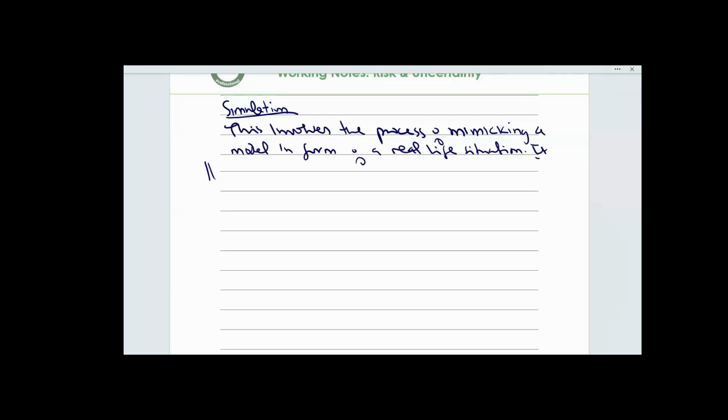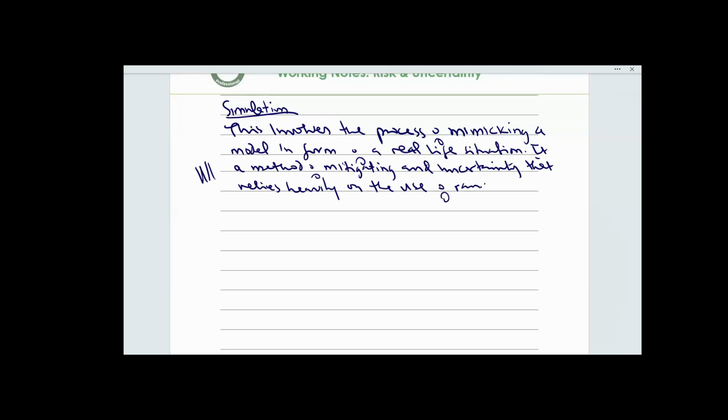It is a method of mitigating risk and uncertainty that relies heavily on the use of random numbers.